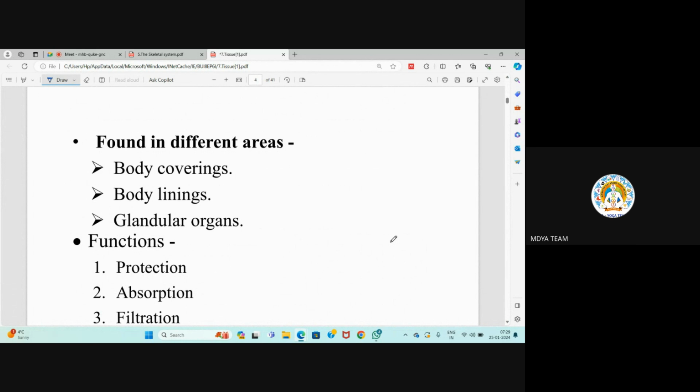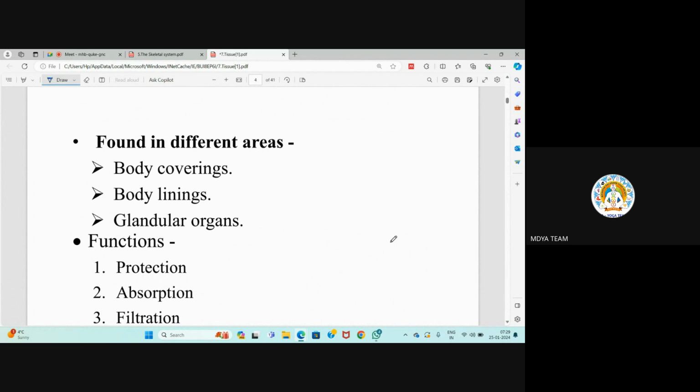Do you know the meaning of gland? Anybody? Yes, ma'am. We know there are many glands inside our body, such as the thyroid gland. Okay, good.